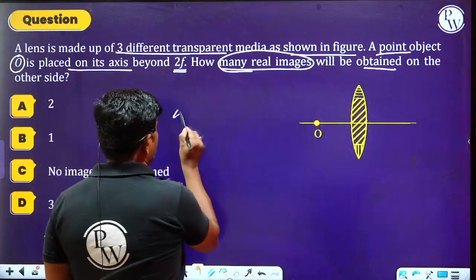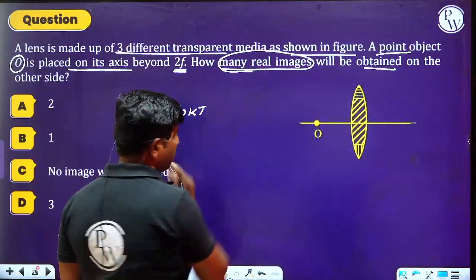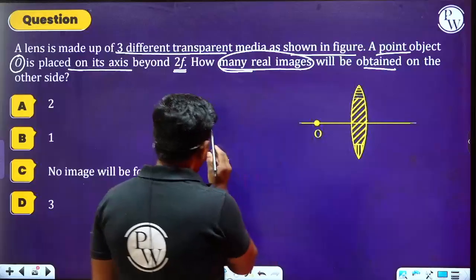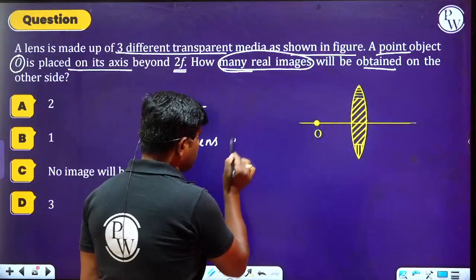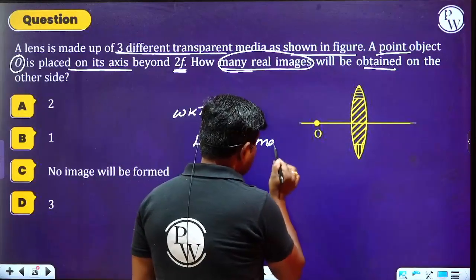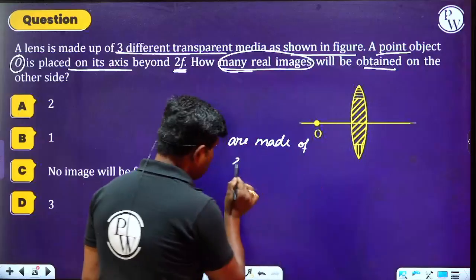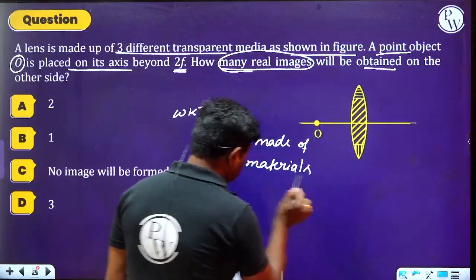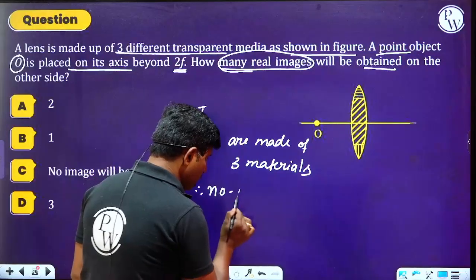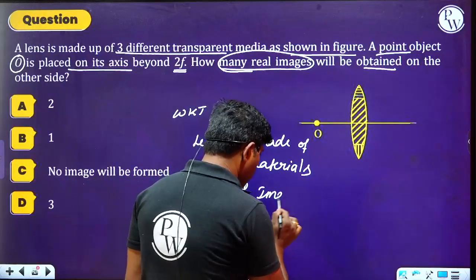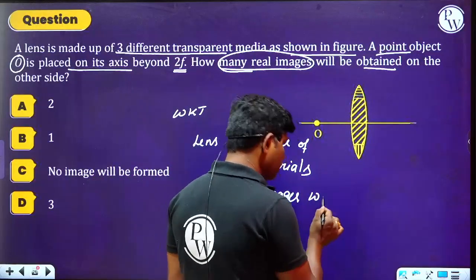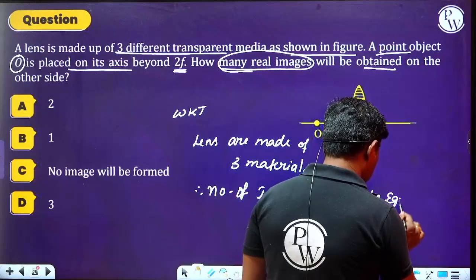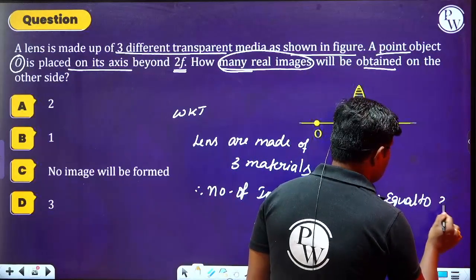As we discussed just now in the previous discussion of the concept, if the lens is made of three materials, then we can say that the number of images will also be equal to 3.